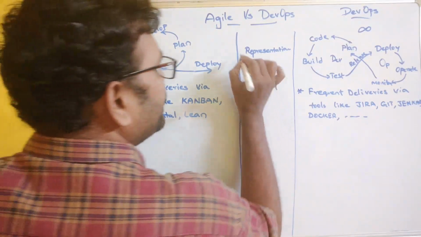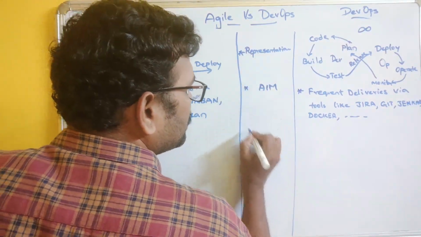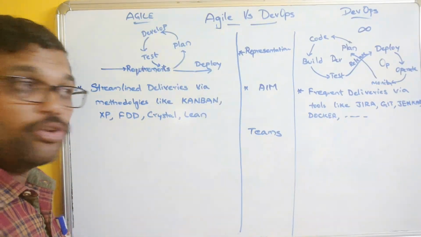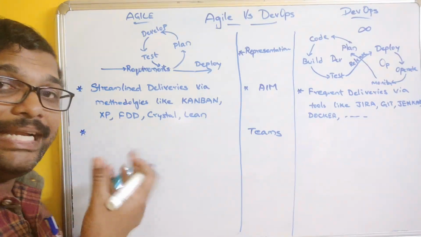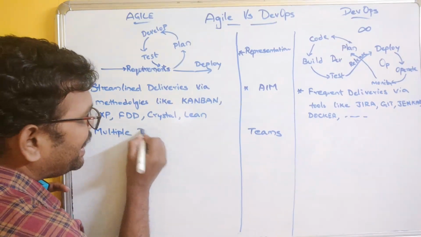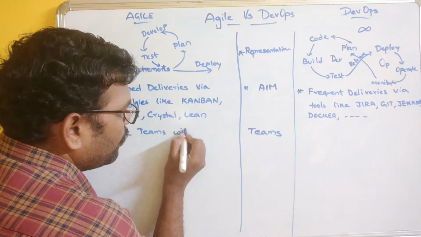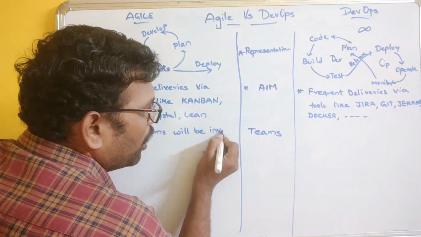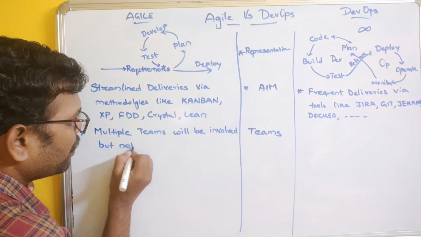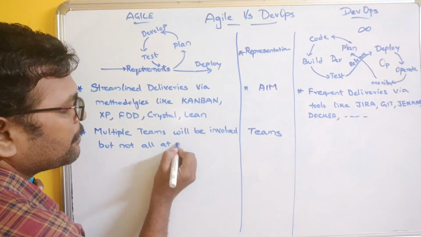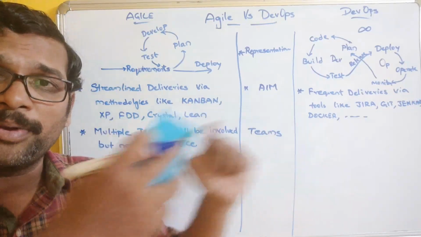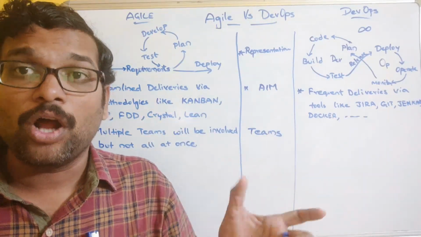And the next characteristic is teams. What are the different teams? As we discussed just now, here there will be multiple teams, right? Multiple teams will be involved, but not all at once. The development team will be doing some operations and the operations team will be doing other operations, but not together, right?